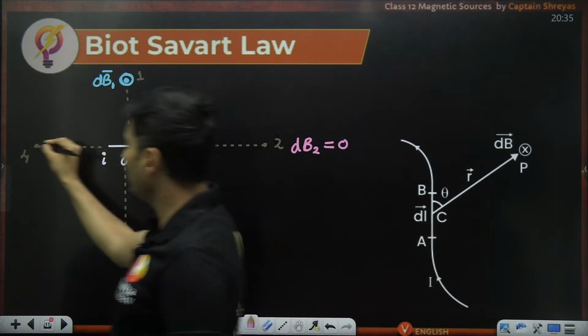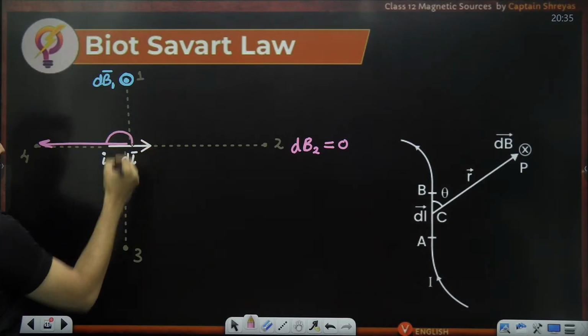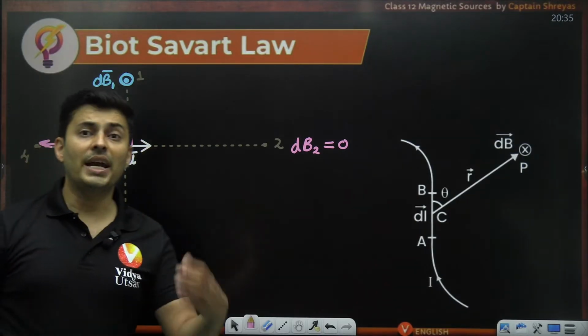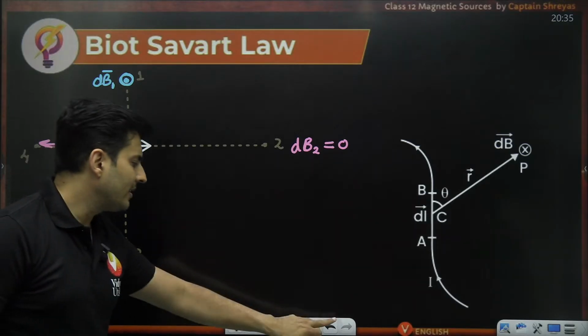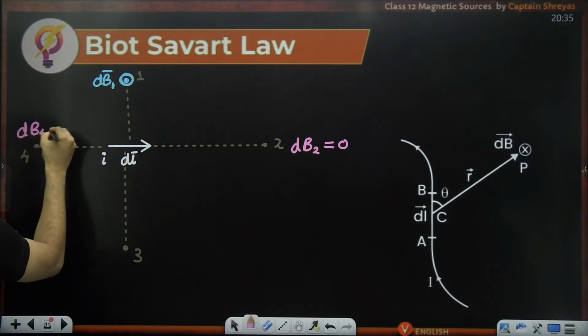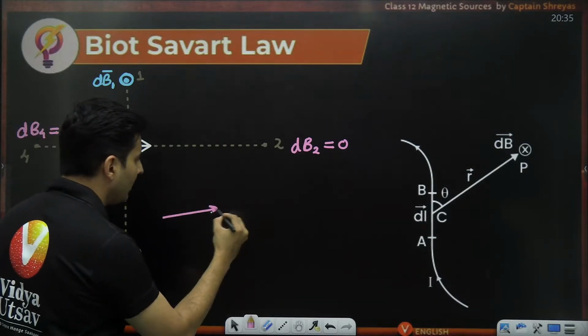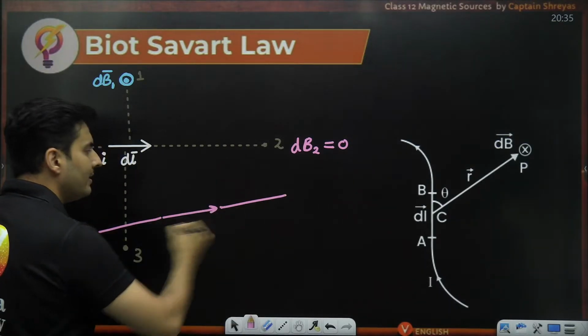Not just 2, even 4. I mean, just look at it. This is the positional vector. This is 180 degrees. Sine of 180 is 0. So the answer is a big fat 0. So the magnetic field at number 4 is also 0. In fact, whenever you have a wire, along the axis, the field is 0.